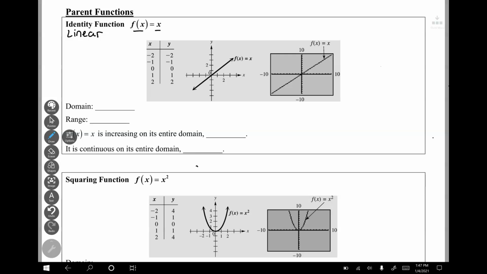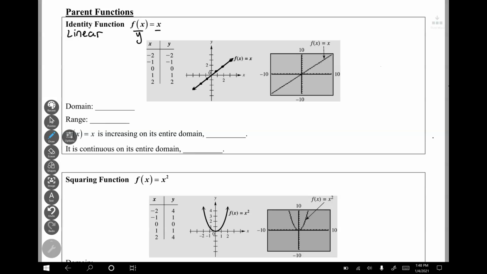Remember, f of x is another name for y. So you're just saying that y and x are the same number no matter which point you're looking at on the graph. And then graphing that over here, the points end up forming a straight line. It is diagonal, slope of 1, y-intercept of 0.